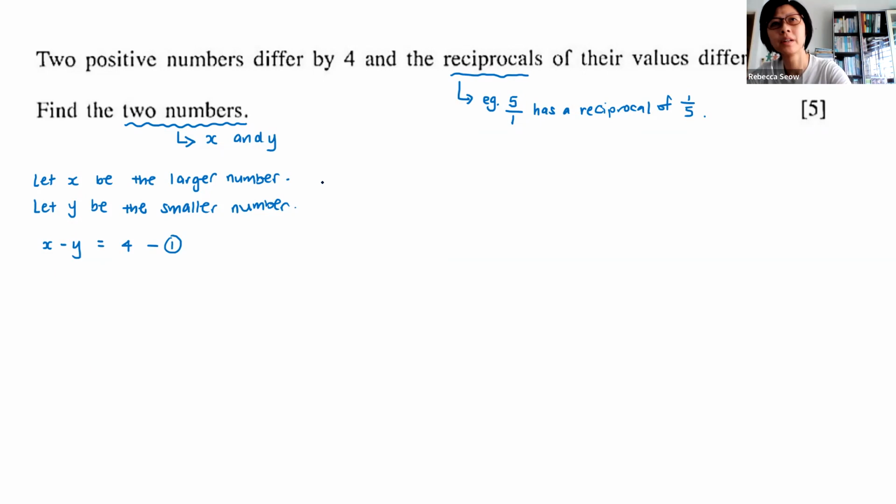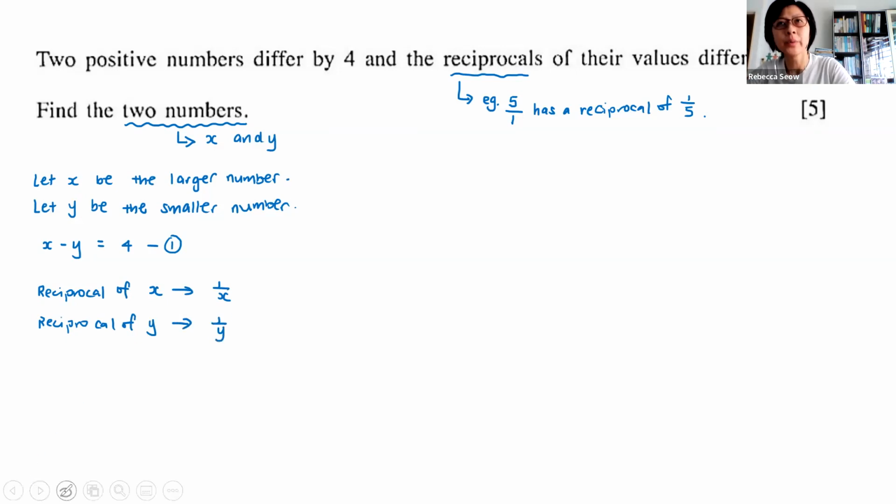So let's consider which fraction is larger and which is smaller, such that when we subtract, the difference is 4 out of 21.